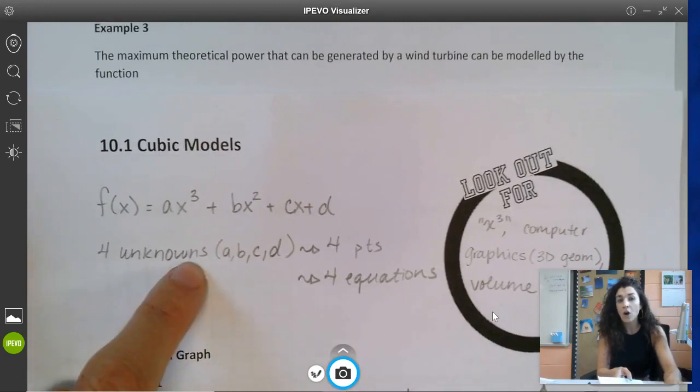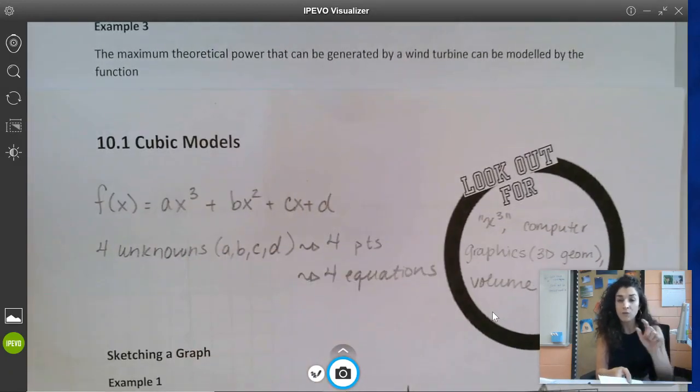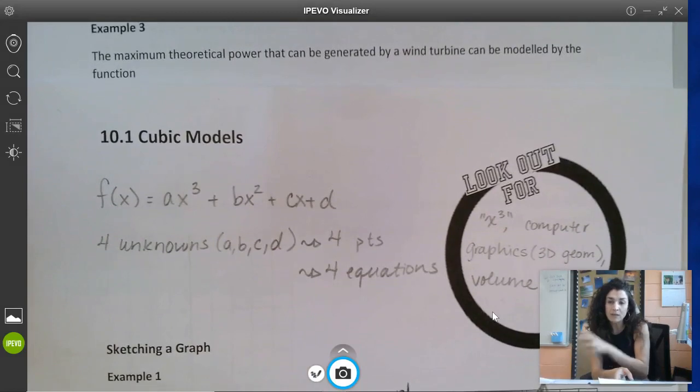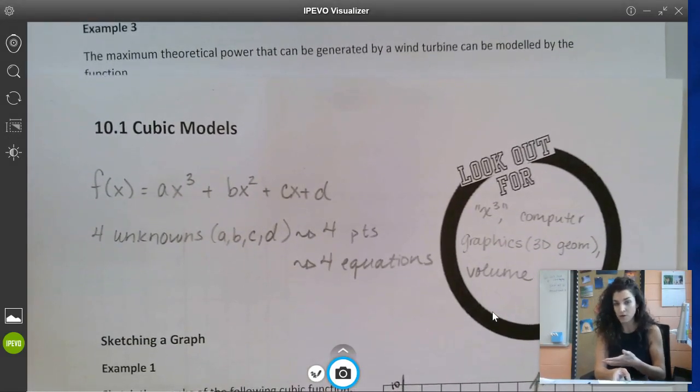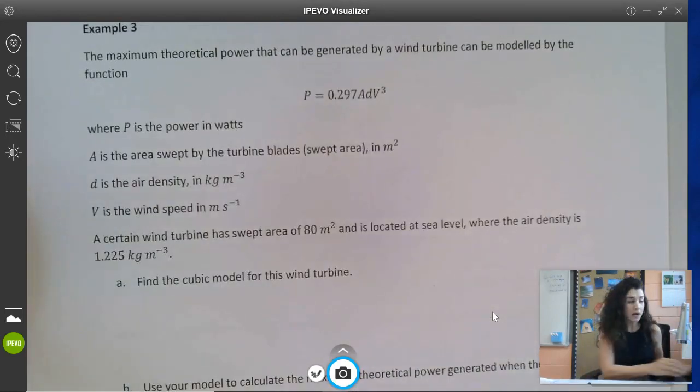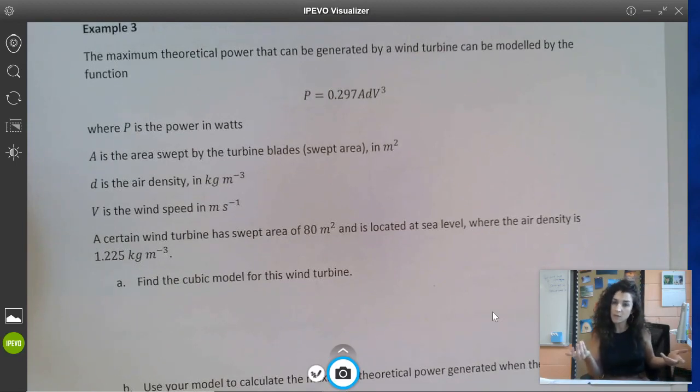So if we wanted to solve for those 4 unknowns, we would need 4 distinct separate points in order to make 4 distinct separate equations in order to solve for those 4 unknowns. That's something that we don't cover in this lesson tonight. That is definitely a requirement that could be used with cubic modeling. So just keep that in mind.